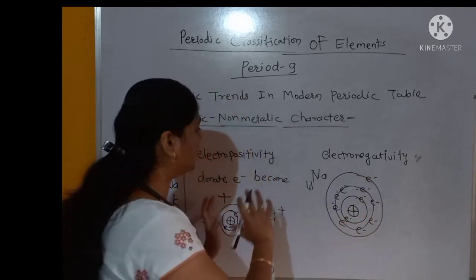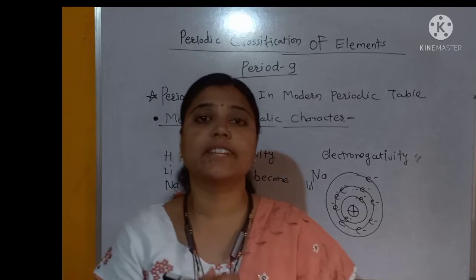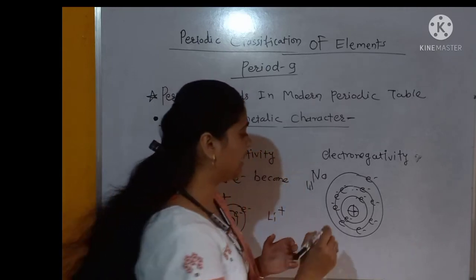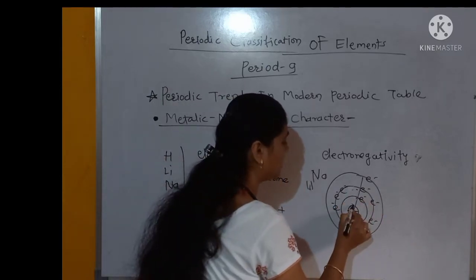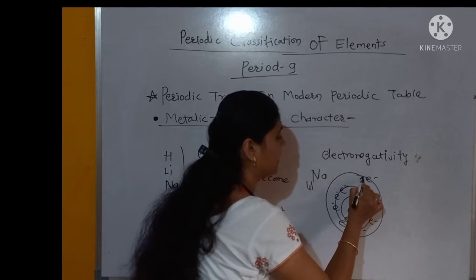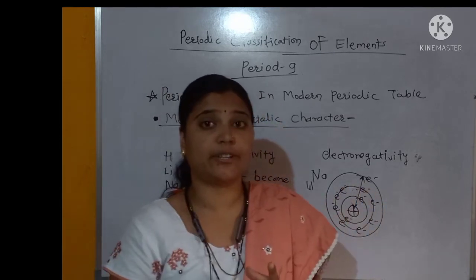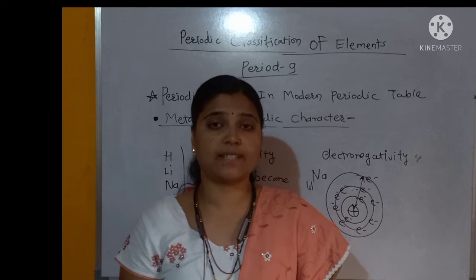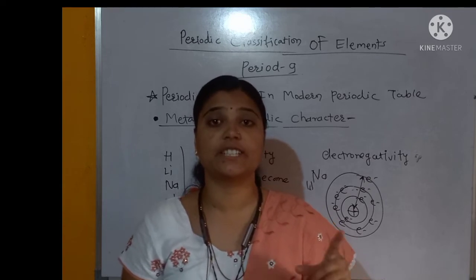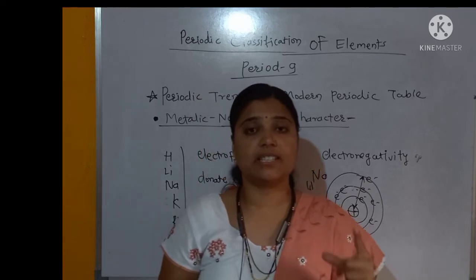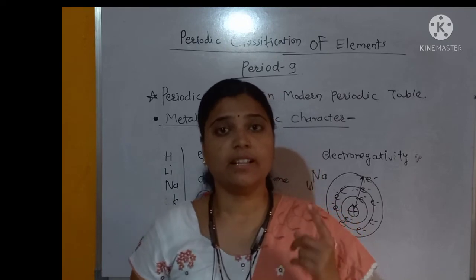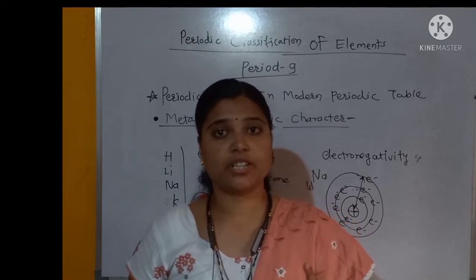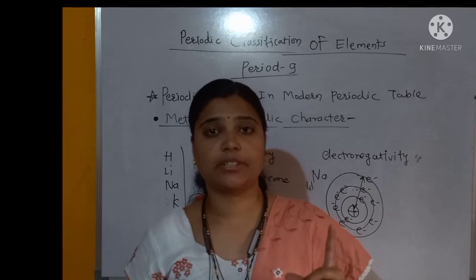So the orbits around the nucleus increase very much, and the distance between the nucleus and the outer orbit increases. The attraction between the outer electron and the protons present in the nucleus decreases. Due to that distance, the attraction between the positively charged particle and the negatively charged electron decreases.